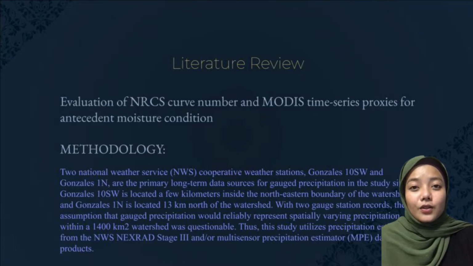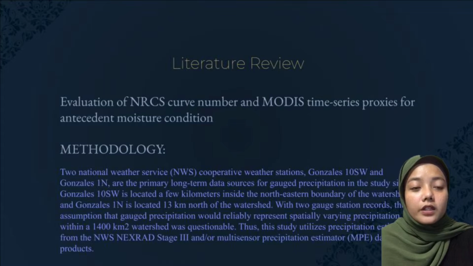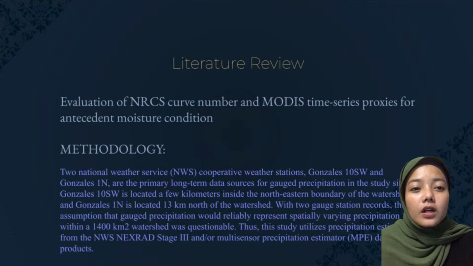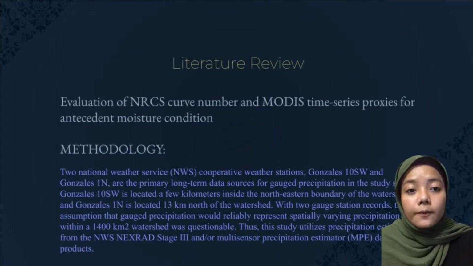Next, for methodology, two National Weather Service NWS Cooperative Weather Stations, Gonzales 10 SW and Gonzales 1 Newton, are the primary long-term data source for gauge precipitation in the study sites. Gonzales 10 SW is located a few kilometers inside the northeastern boundary of the watershed, and Gonzales 1 Newton is located 30 km north of the watershed.